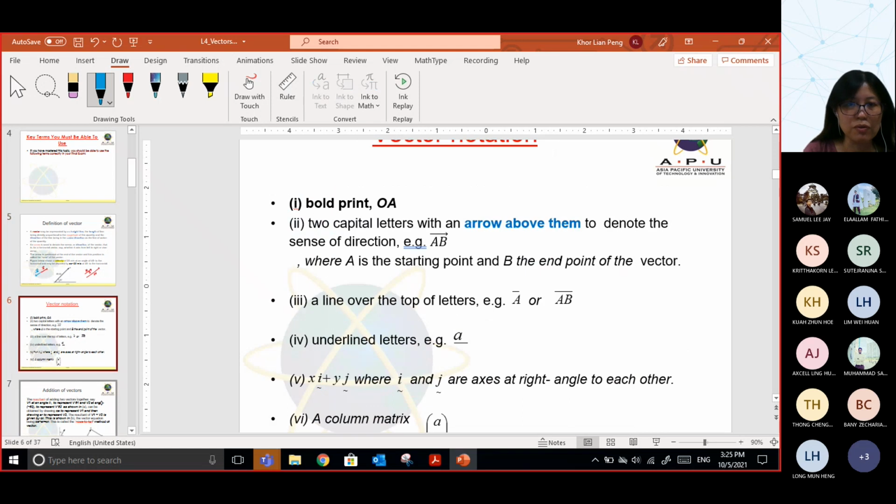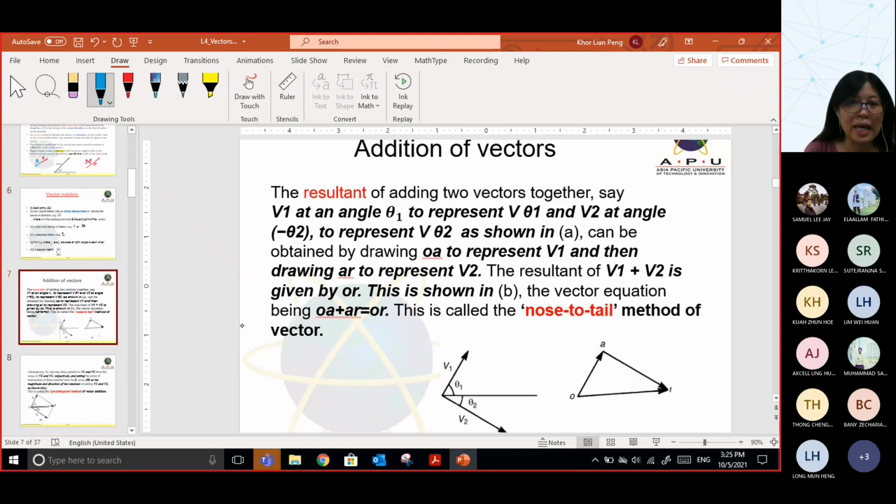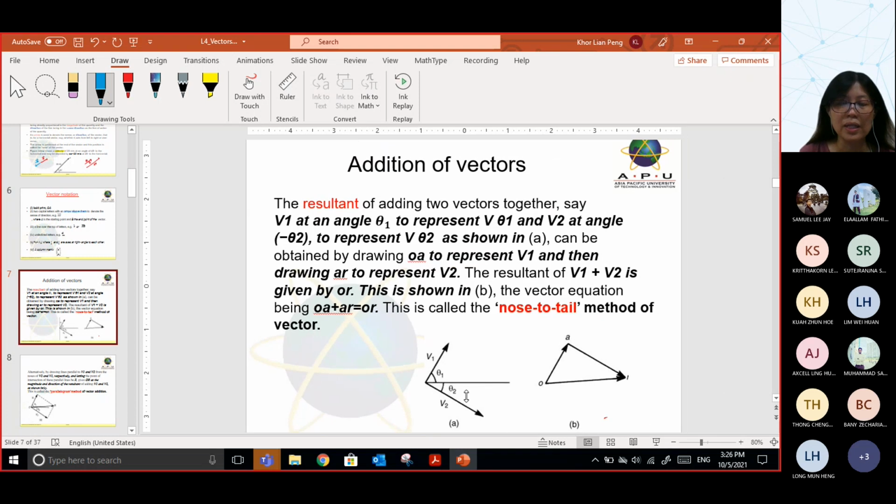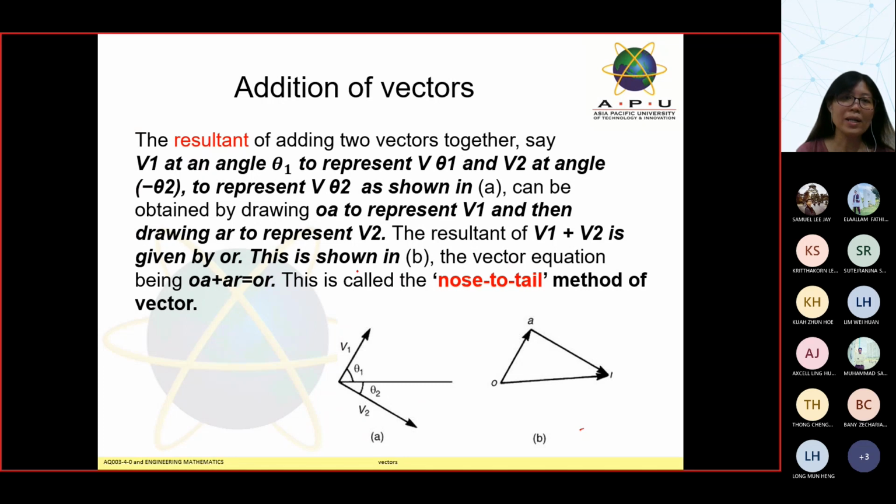Okay, so before we move on, these are the notations we use. Next, we will continue with the addition of vectors. What is meant by addition of vectors?